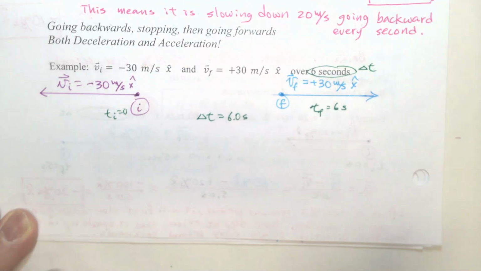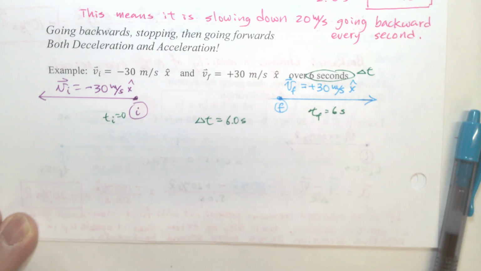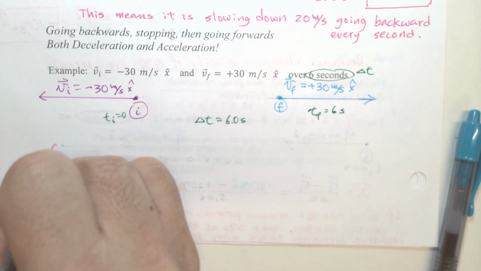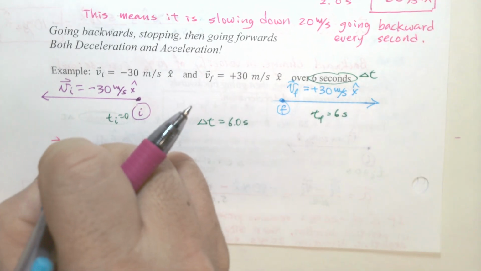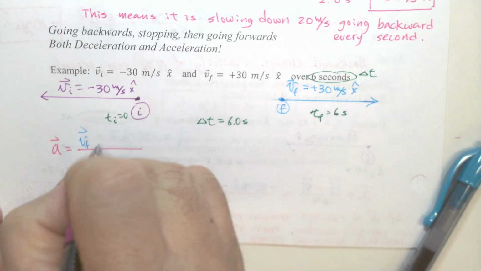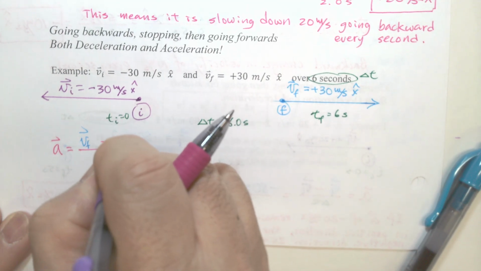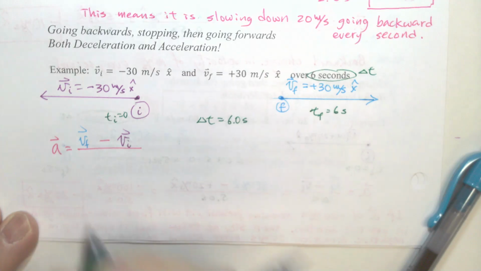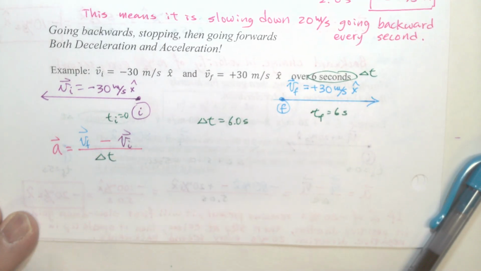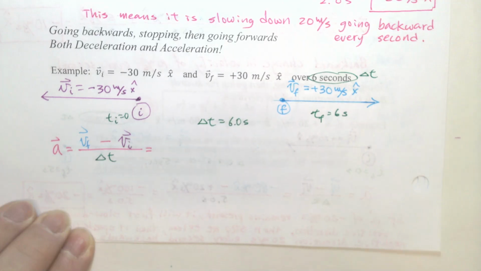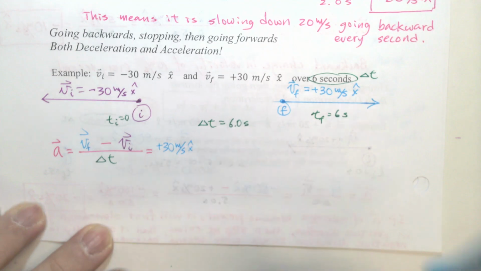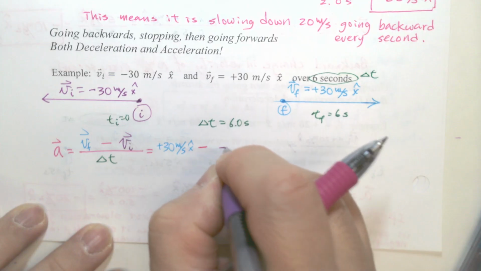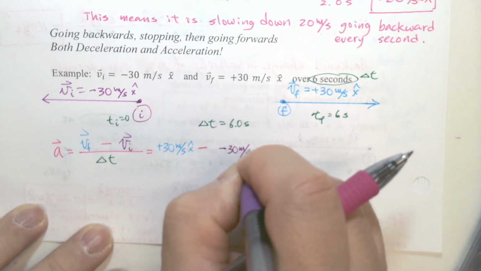Therefore, my acceleration is equal to Vf minus Vi over delta t. Therefore, my Vf is positive 30 meters per second x hat minus negative 30 meters per second x hat.